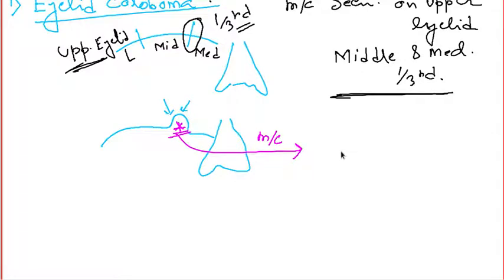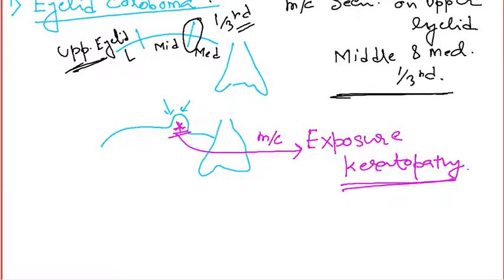And the cornea also, so it will cause exposure keratopathy due to excessive exposure to the sunlight or light.